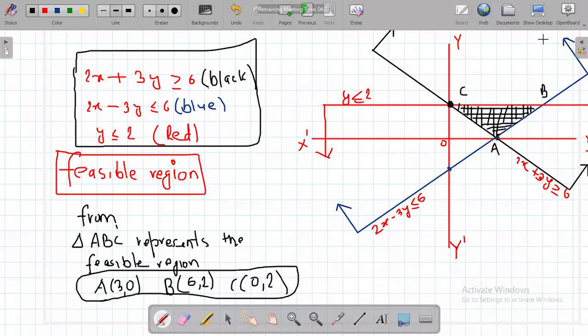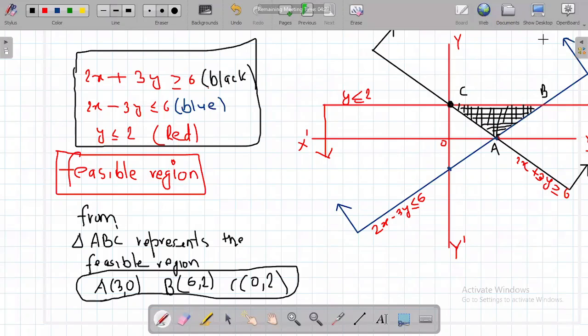You can see how the questions will be asked now. Find the maximum or minimum value of the function subject to the constraints. So first of all, as I already said, you have to show the given inequalities in the graph. After showing the inequalities in the graph, you will find the common region. Then after finding the common region, you will find the feasible vertices.